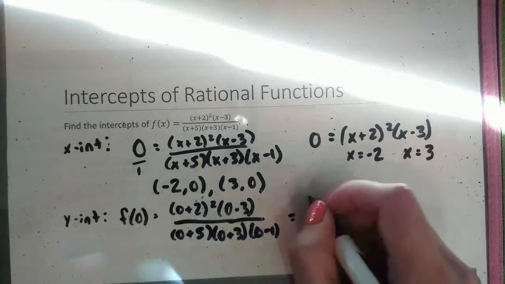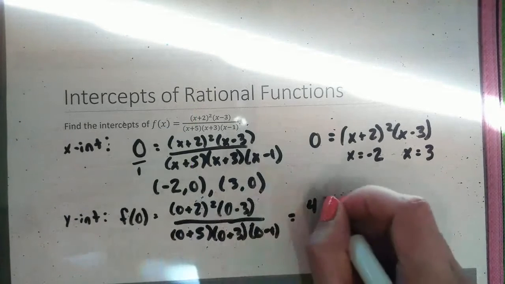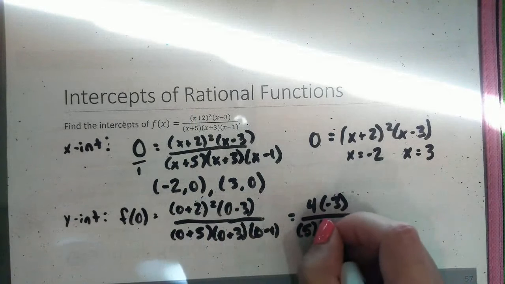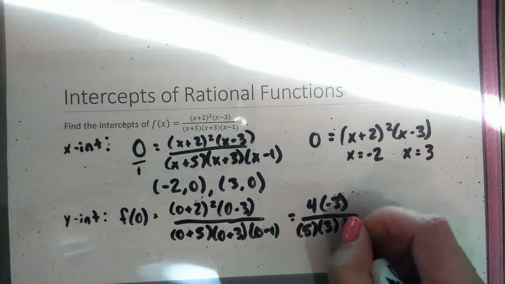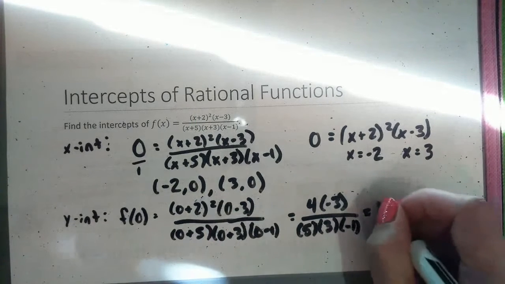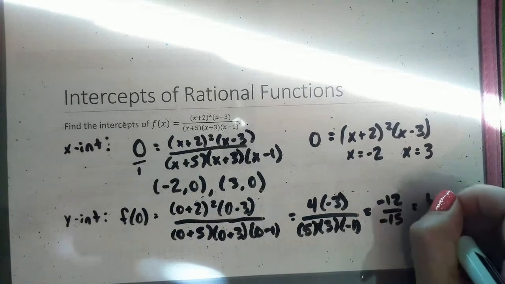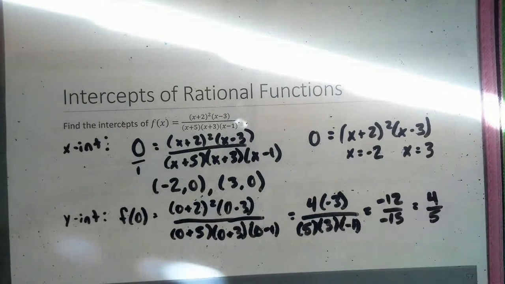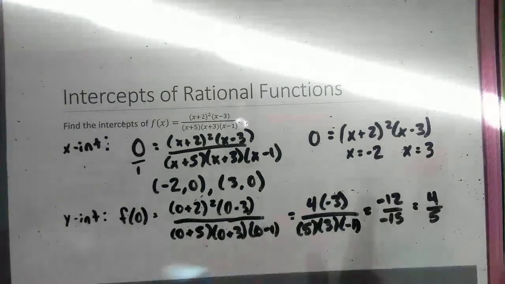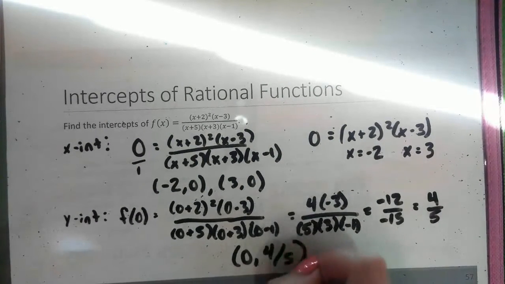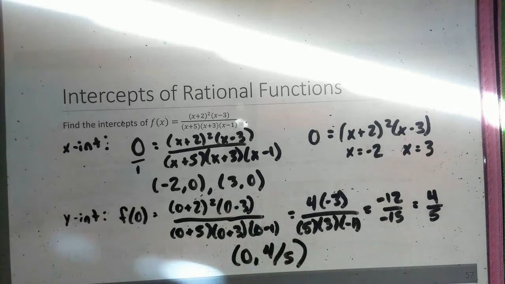So 2 squared is 4, 0 minus 3 is negative 3. The denominator is 5 times 3 times negative 1. So that's negative 12 over negative 15, which is 4/5. So when x is 0, y is 4/5. Our y-intercept is at (0, 4/5).